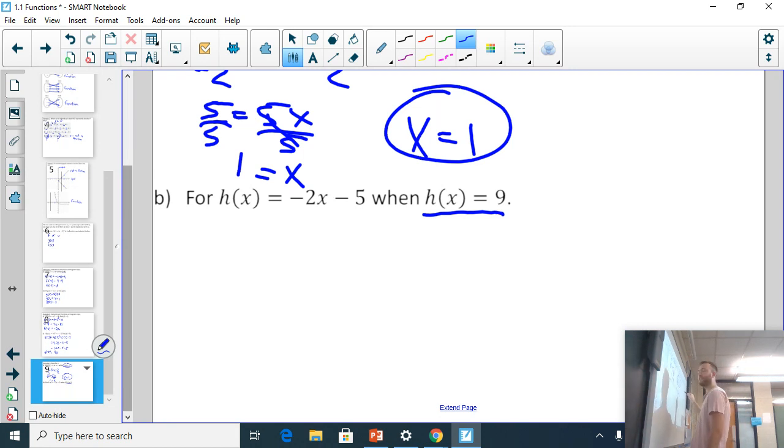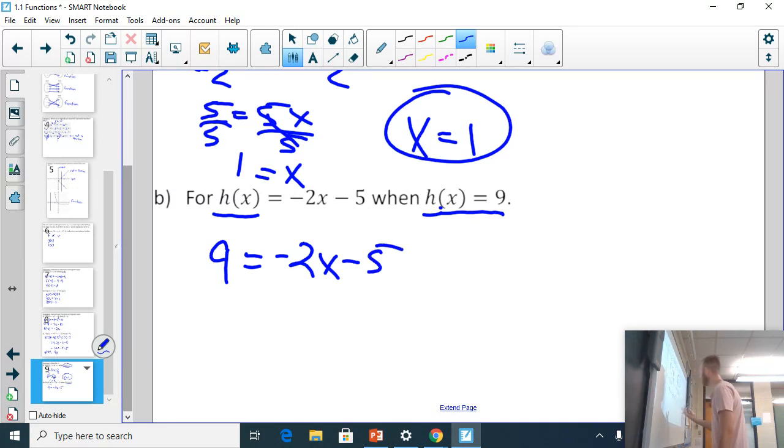So keep in mind, we're not replacing x with 9 here. It's telling us h of x is 9. So where I see this h of x, since I see that h of x is the same thing as 9, I'm going to put 9 in for h of x. And then I'm going to rewrite the rest. Equals negative 2x minus 5. And then I'm going to solve. So if I add 5 to both sides, then I get 14 equals negative 2x.